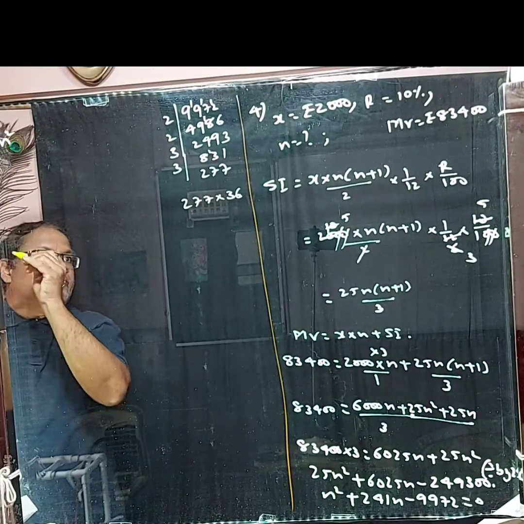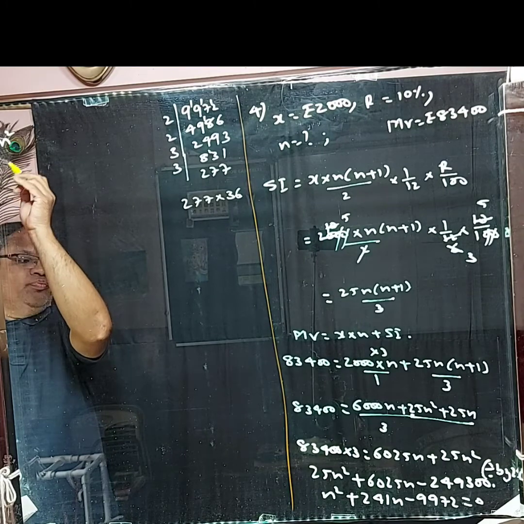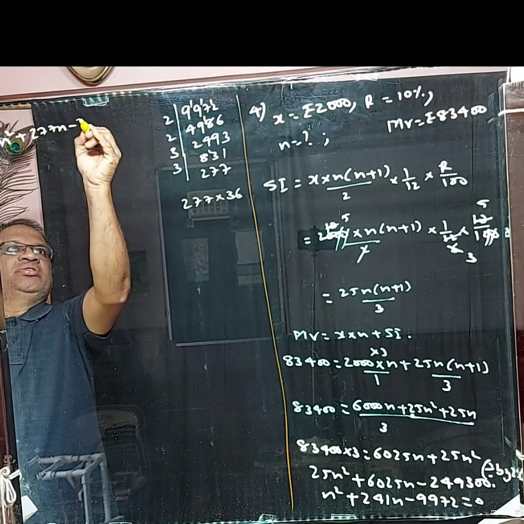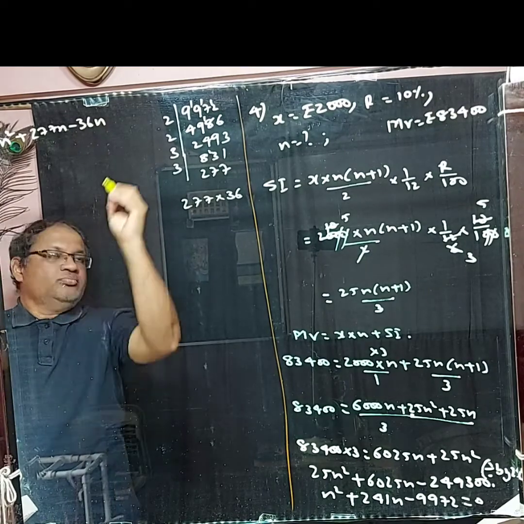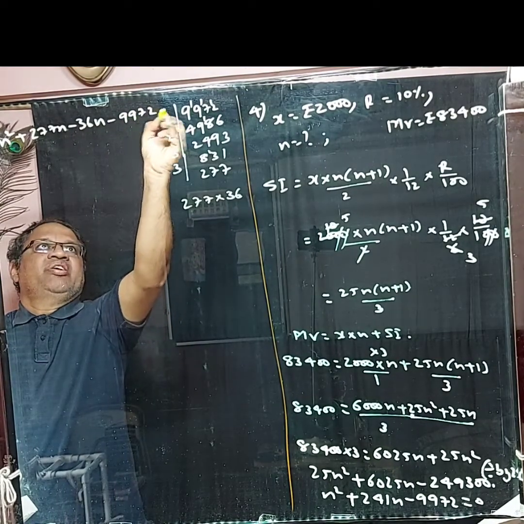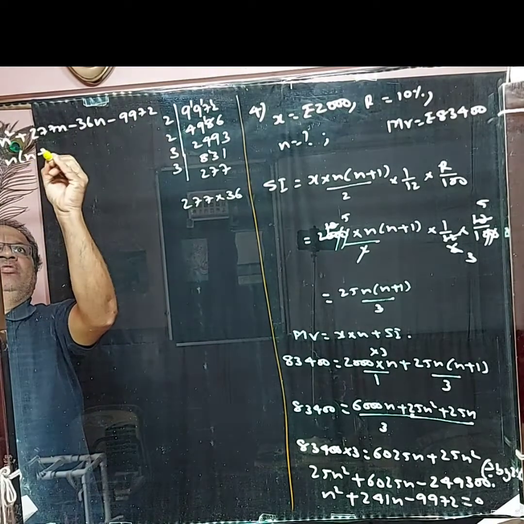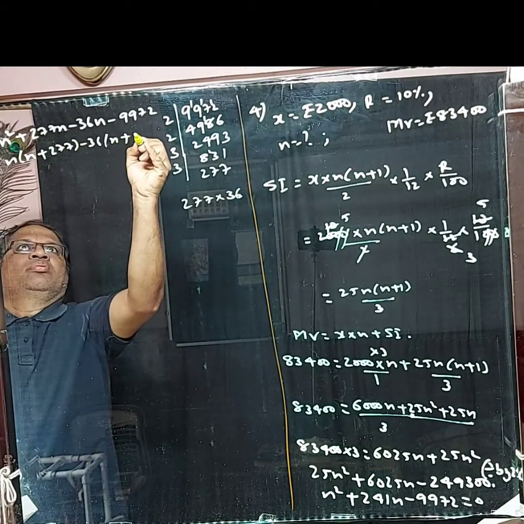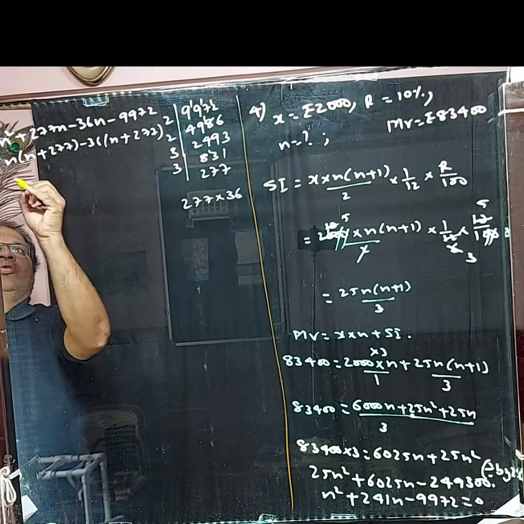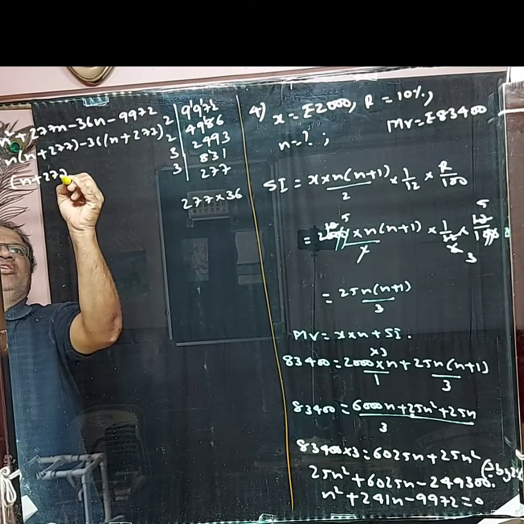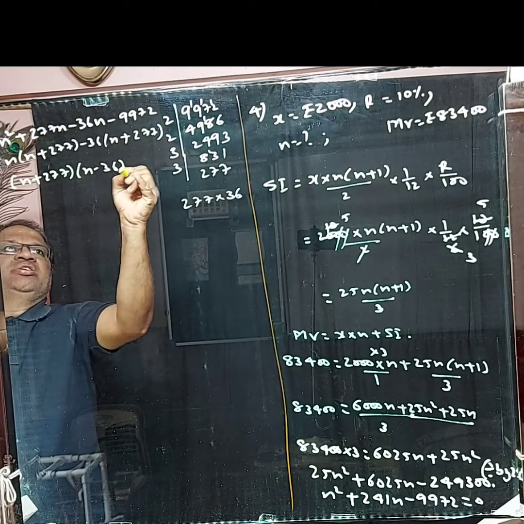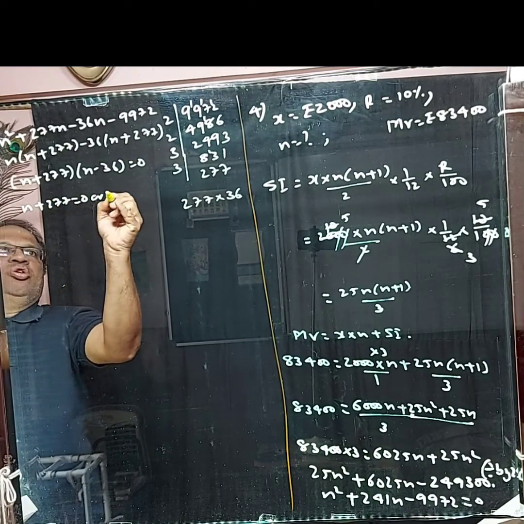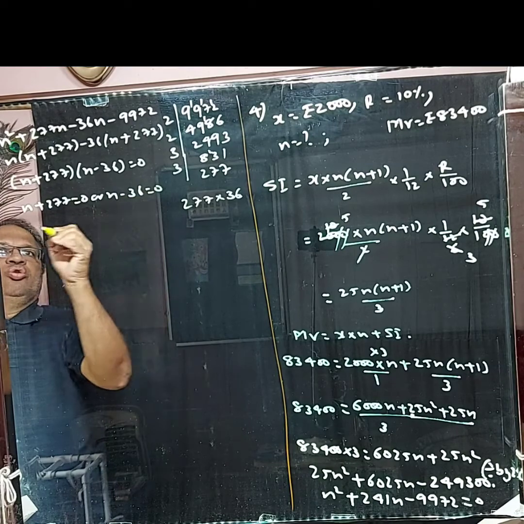N square plus 277n minus 36n minus 9972. So take n common. So you get n plus 277, n minus 36 equal to 0. n plus 277 equal to 0 or n minus 36 equal to 0.